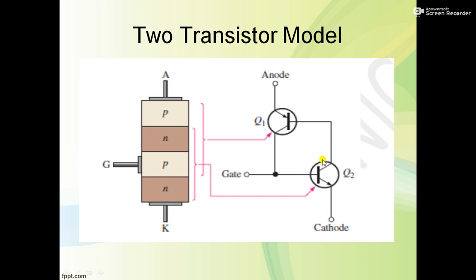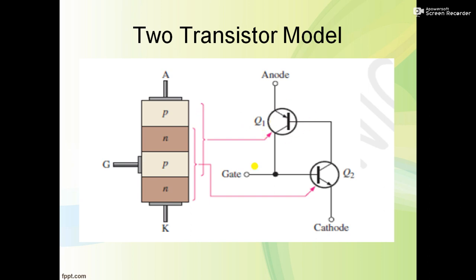Then the IC2 at the collector of Q2 increases, and this IC2 acts as IB1, the base current of the transistor Q1. IB1 also increases. As IB1 increases, the emitter current of Q1 also increases.